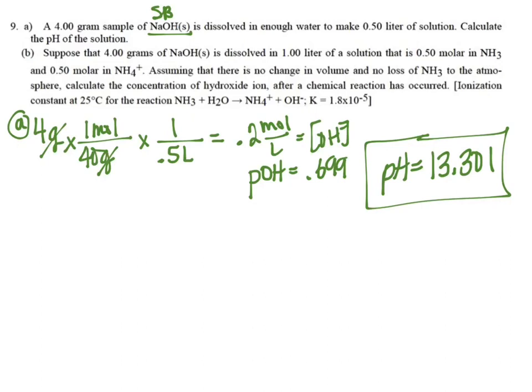Okay, so the next one is, suppose 4 grams is dissolved in 1 liter, but it's in a 0.5 molar ammonia and 0.5 molar ammonium buffer.